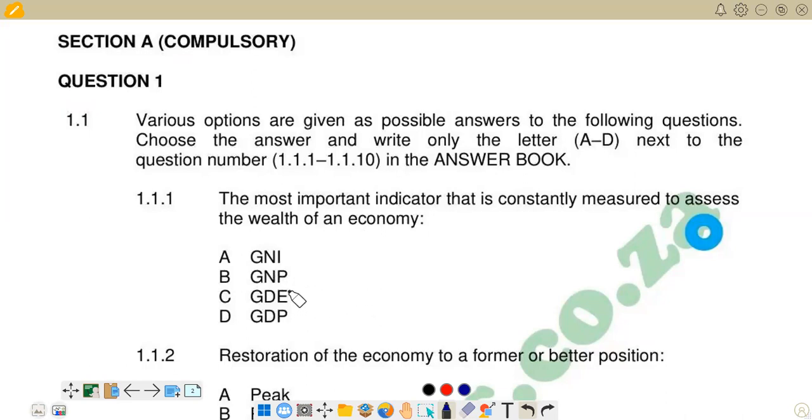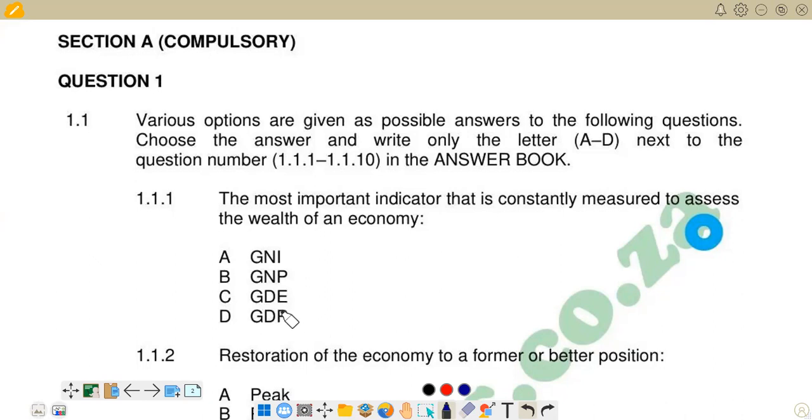If you look at C and D, they also have a common explanation. GDE is gross domestic expenditure, and GDP is gross domestic product. Gross domestic expenditure only includes exports, and GDP includes both exports and imports. That's the only difference. They all mean the total monetary value of goods that has been produced domestically.